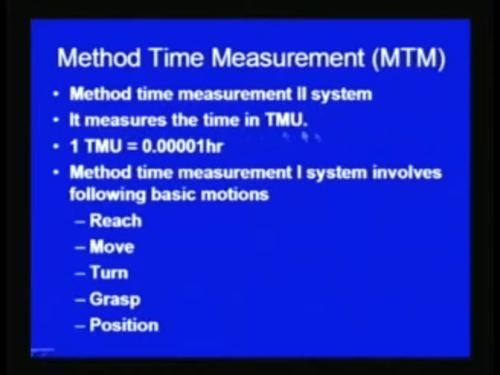It measures time in TMU, and 1 TMU is equal to 0.00001 hour. Method time measurement basically involves the following motions for the analysis to arrive at the time required for the job. These are reach, move, turn, grasp, and position.